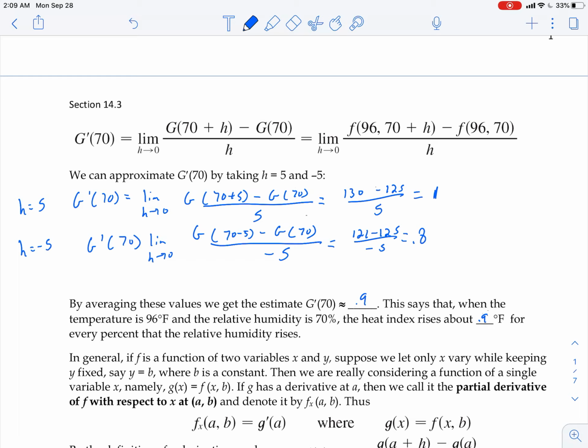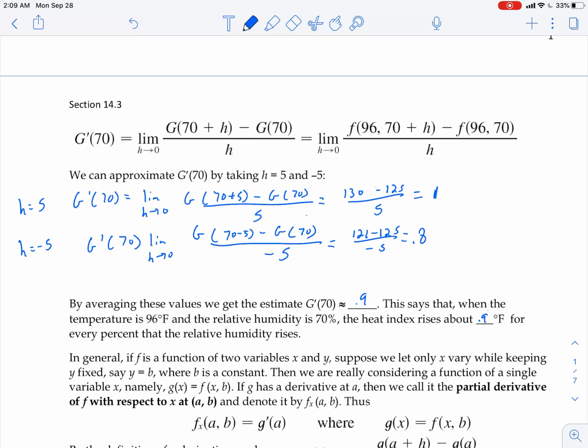By definition of derivative, we have g prime of a is equal to the limit as h approaches 0 of g of a plus h minus g of a over h. So we have f sub x of (a, b) is equal to the limit as h approaches 0 of f of a plus h, b minus f of a, b over h. And the same thing can be said with the y's. Again, you can go ahead and read the rest of this.